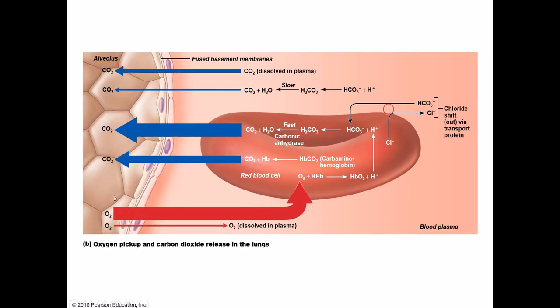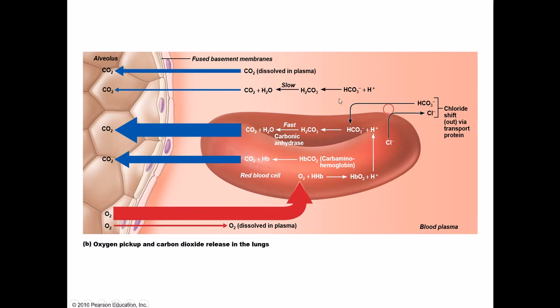Let's look at oxygen first. So here's our oxygen inside our alveolus. You can see some of it will dissolve directly in the plasma, but most of it comes into the plasma and binds onto the hemoglobin in the red blood cells. If we look at carbon dioxide, some of it has been traveling through the blood dissolved directly in the plasma, so it just diffuses directly out of the plasma and into the alveolus.